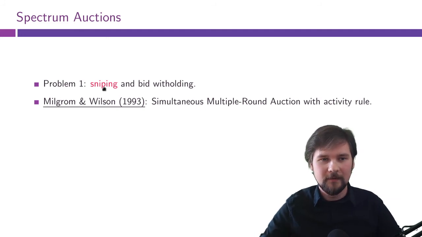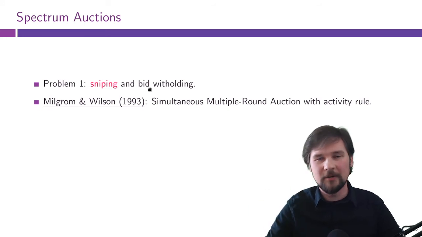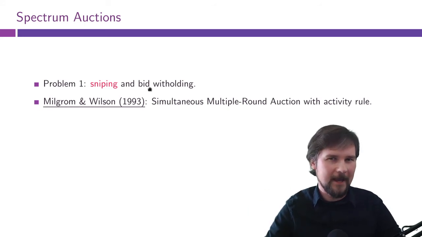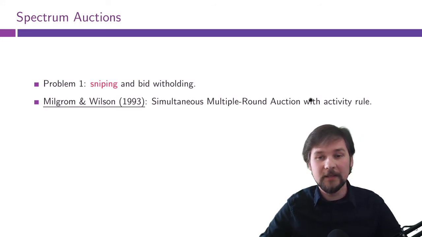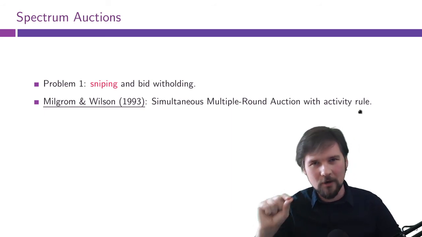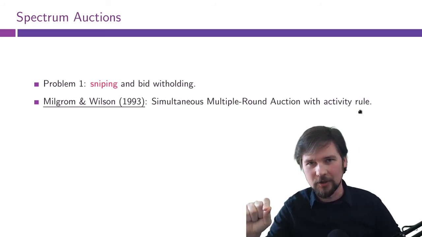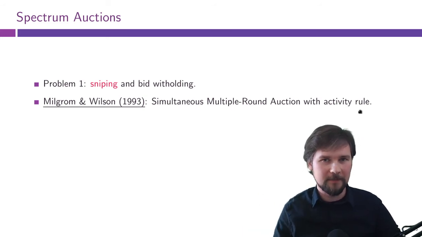On the other hand, bid withholding would still be a problem. You would bid in a period that you think is the last for a given frequency or for a given item. They solved it by introducing an activity rule, saying that you are only eligible to bid in a given auction if you have bid in this auction in all the previous periods.